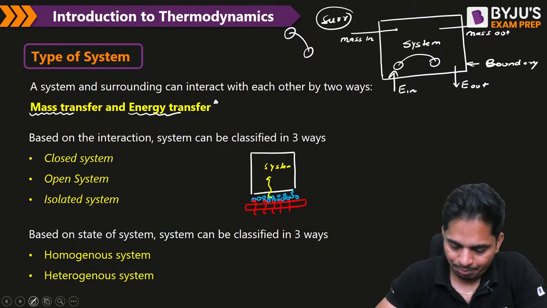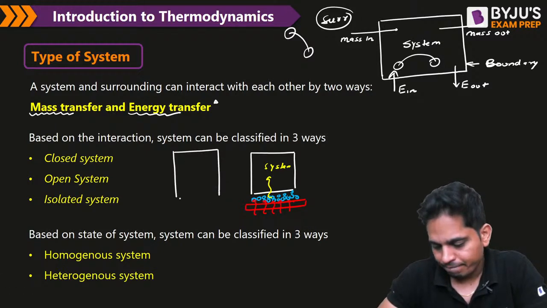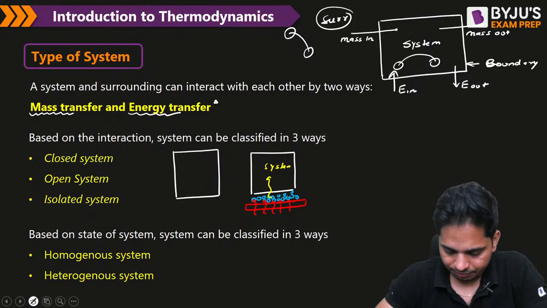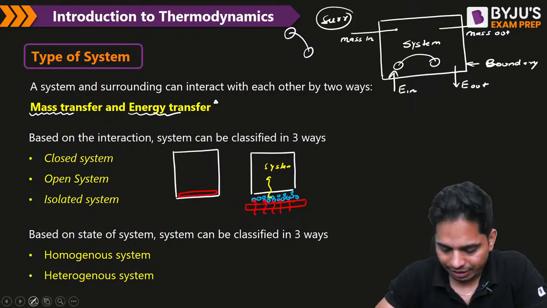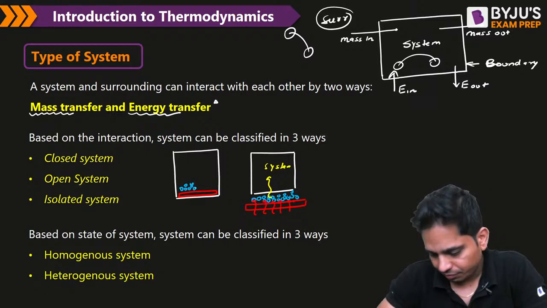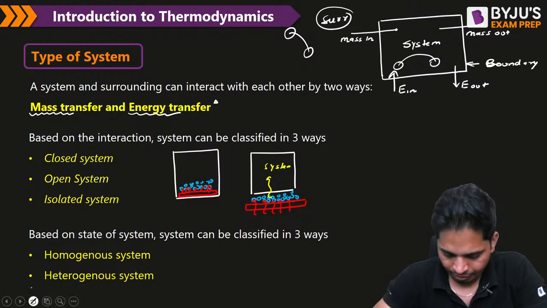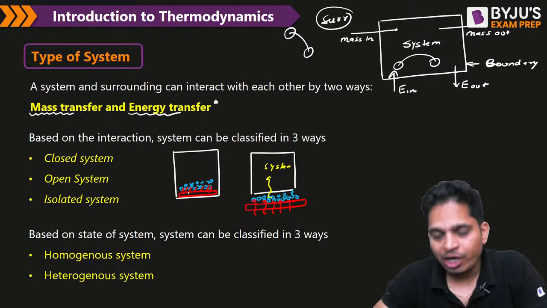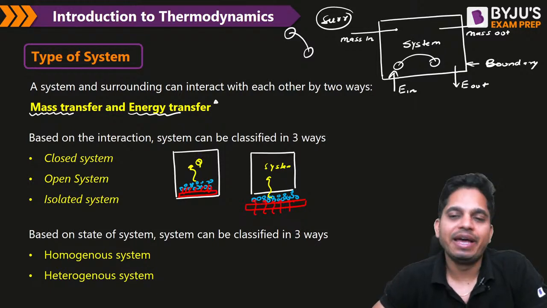Let's take one more example. This is your system. Right now the grate is inside the system. And then you are burning it. When you have burned it, heat will be released and heat will come here.